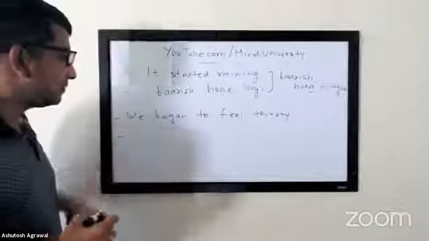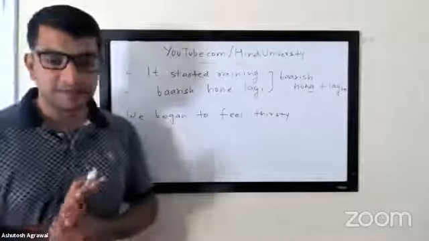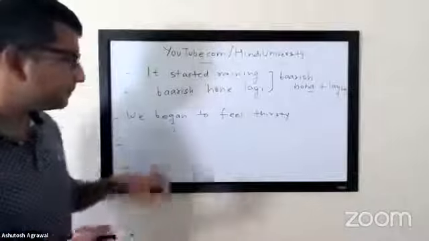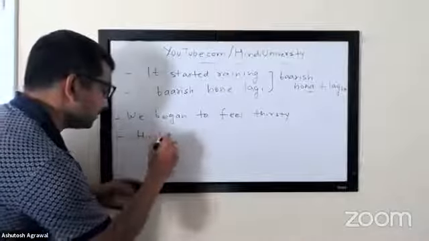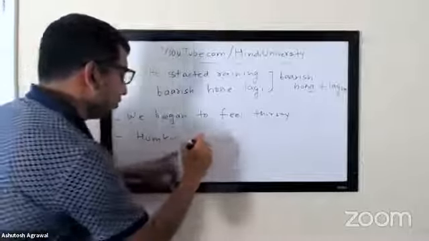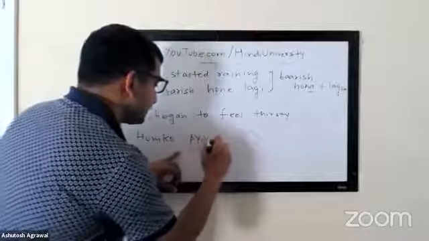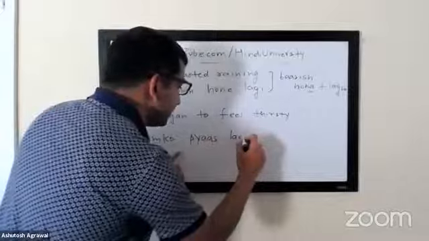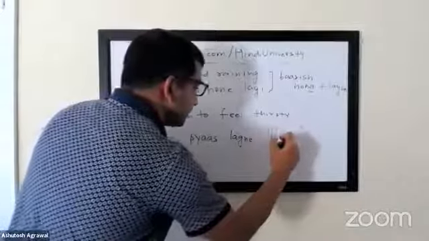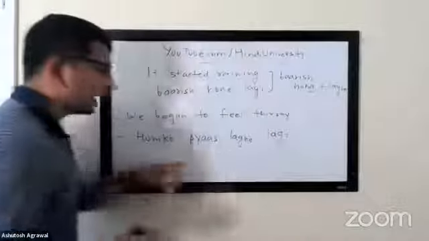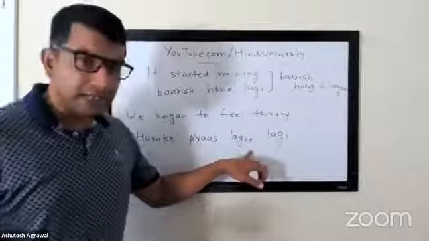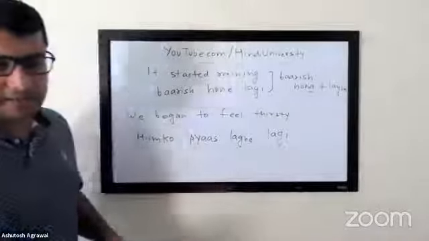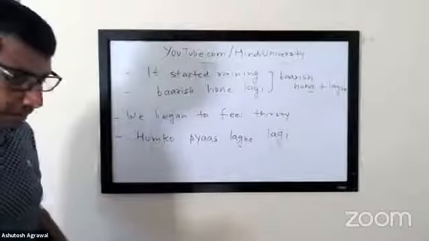Vatsalaji, you want to give it a try on this one? We began to feel thirsty. हमें प्यास लगने लगी. Okay, हमें और हमको प्यास, either way is fine. प्यास लगने लगी. Awesome, right? So प्यास लगना is basically to feel thirsty. It changes to लगने and then लगी. हमें प्यास लगने लगी. Okay.